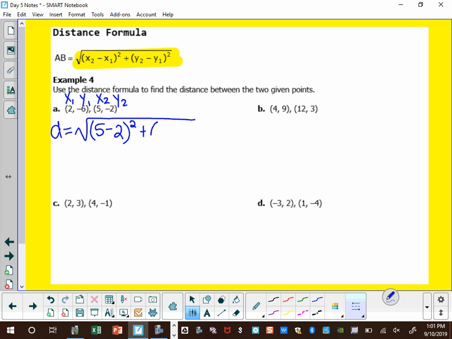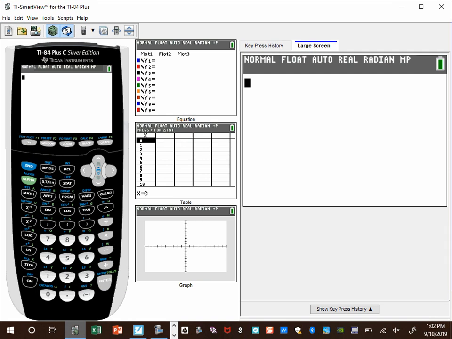And then what about my y's? Negative 2 minus negative 6. Be careful with that one. All right, let's grab your calculators. And we're going to type this in.